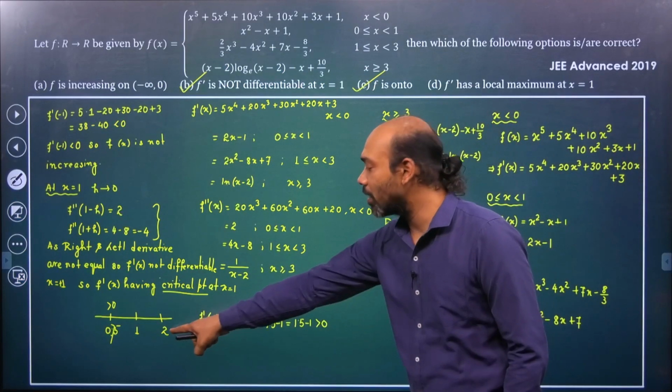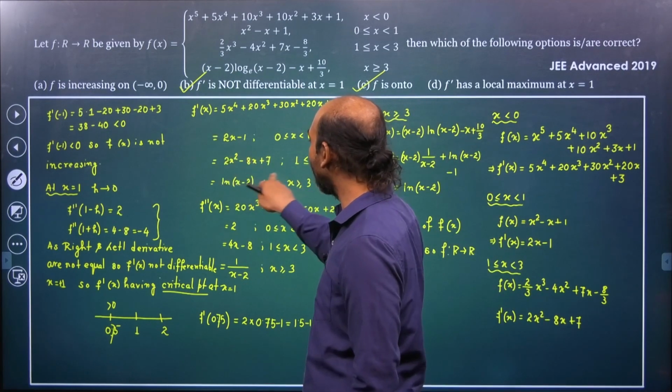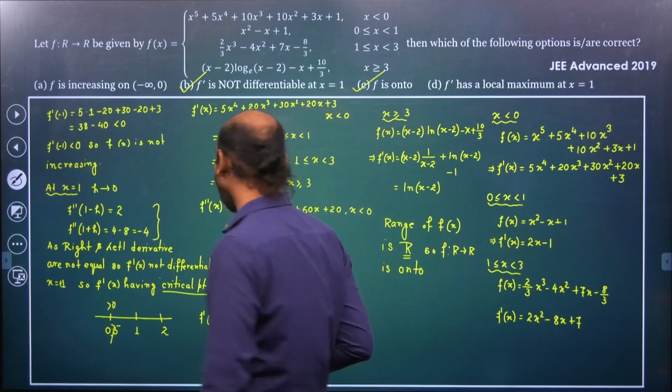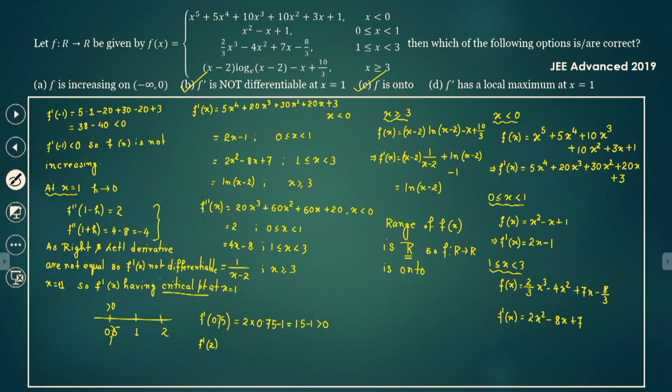If I calculate the function value f dash 2, let's see what happened. F dash 2 means I have to substitute 2 in this, so 2 2s are 4, 4 2s are 8, 8 minus 16 plus 7. So it is minus 1 and less than 0. So the function is less than 0 here.